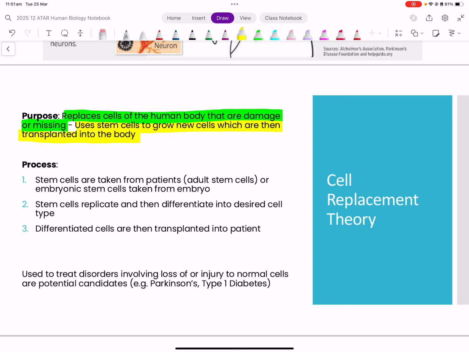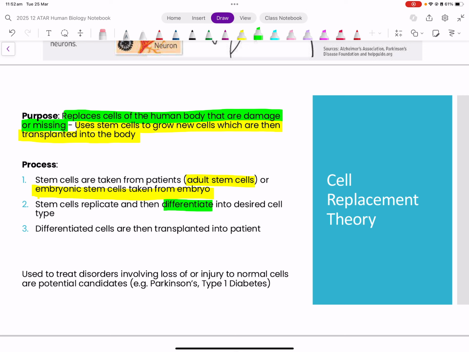So process, number one, the stem cells are taken from patients. We're looking at adult stem cells here, so multipotent stem cells, or we can also look at embryonic stem cells taken from an embryo. These stem cells, here's the really important part for us, differentiate. We're not just putting stem cells directly into the patient, we need to differentiate them into the desired type of cell that we want.